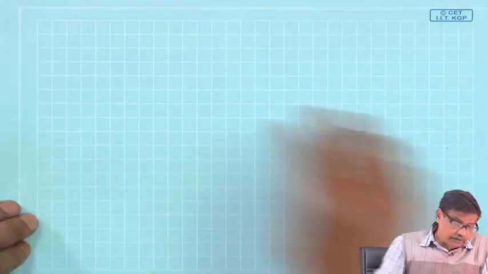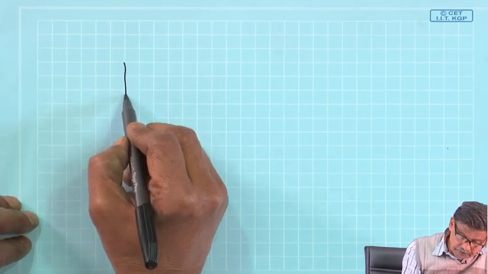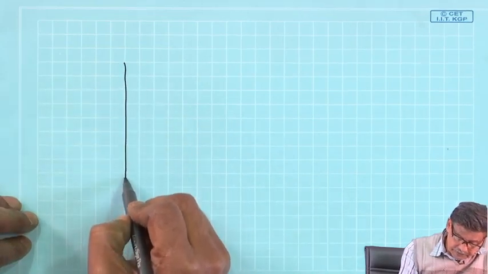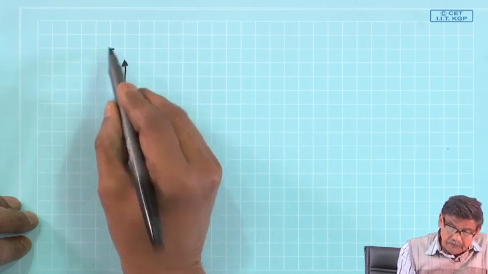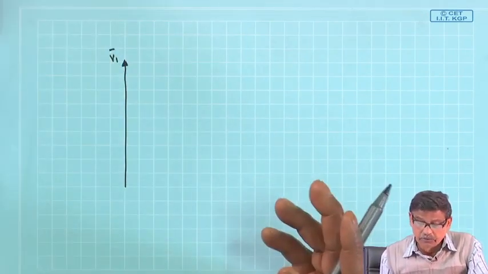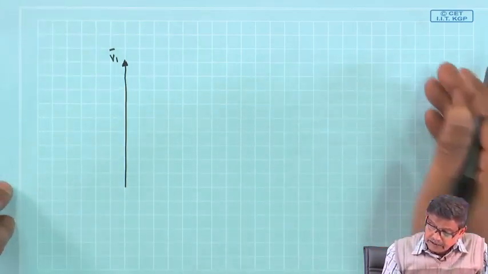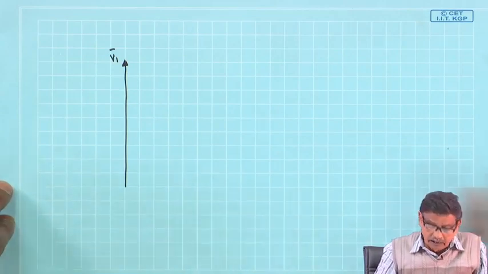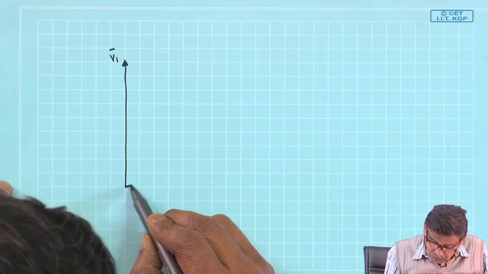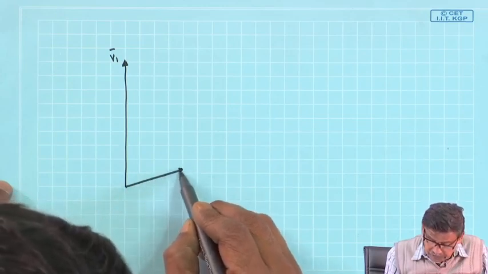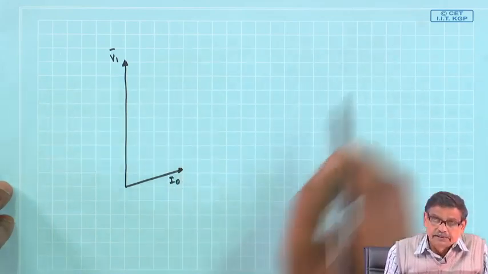So, suppose this is your V 1, the supply voltage phasor. First of all, with s equal to 0, that R 2 by s is open, current drawn is only I naught, that is the no load current, suppose that is I naught, and I naught plus I 2 dashed.